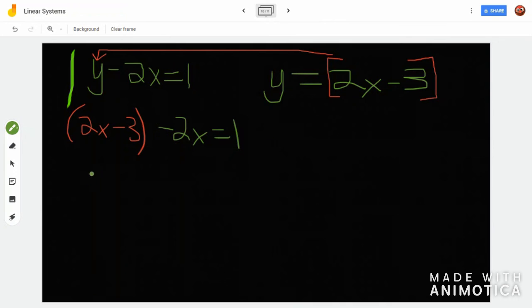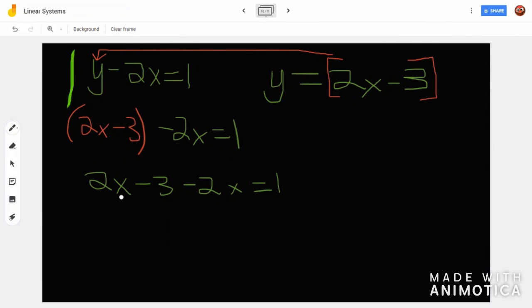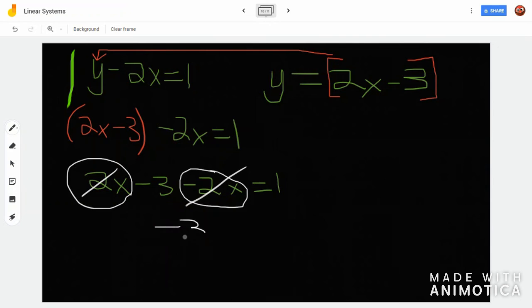Now let's just continue to solve. We just have 2x minus 3 minus 2x equals 1. Now again, watch what happens when I collect like terms. I have 2x minus 2x. That will just cancel itself out, and I'll be left with -3 equals 1.